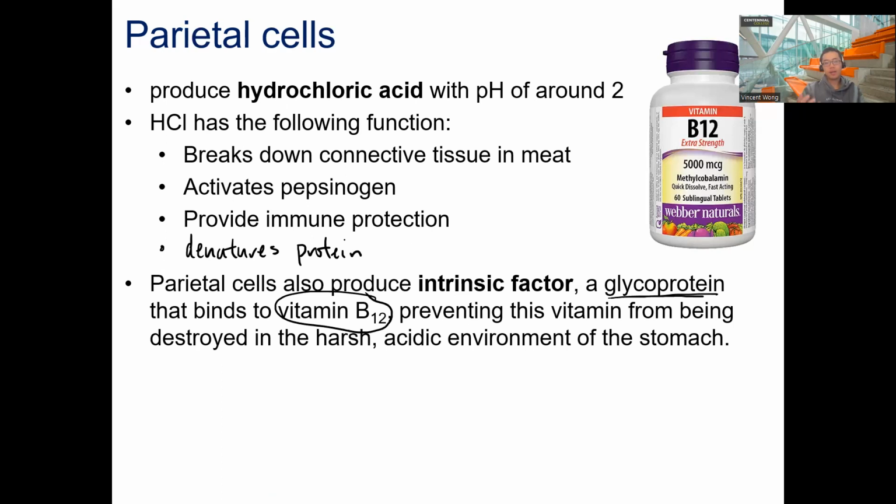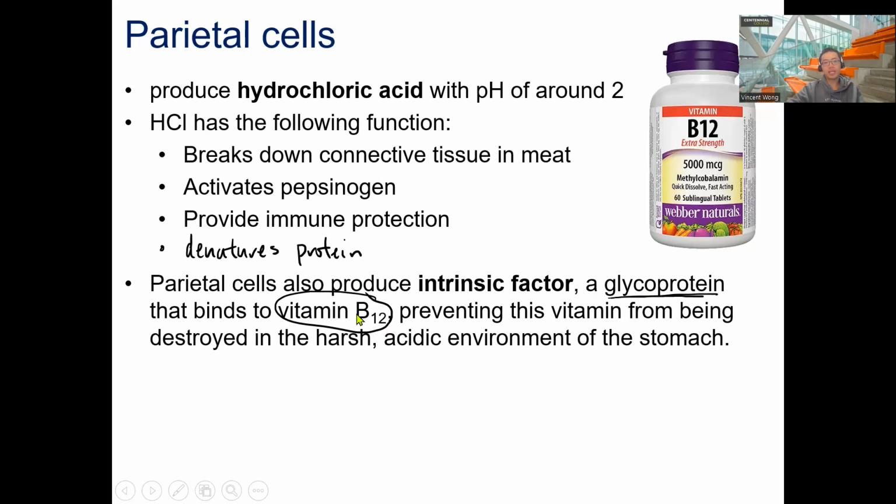Okay, without B12, the person will become anemic. And this could happen to people who cannot produce intrinsic factor. Because intrinsic factor is after all a protein which is encoded in the DNA. So if a person has a mutation that causes them to not be able to make intrinsic factor, then they will not be able to absorb B12.